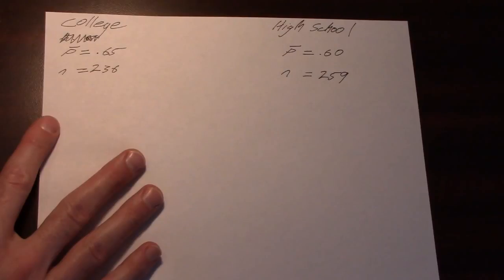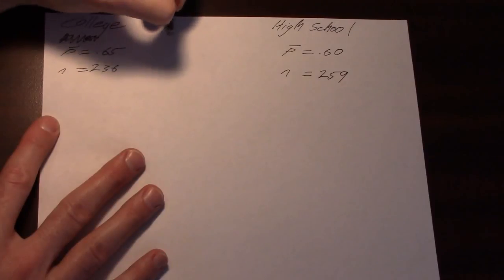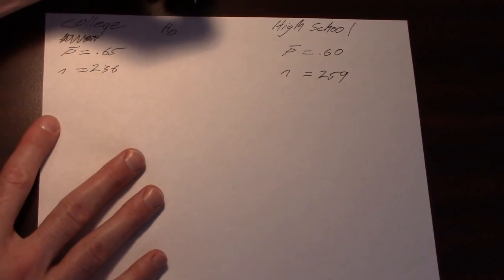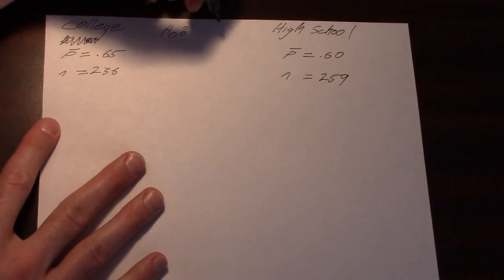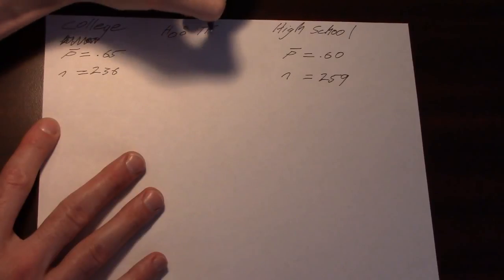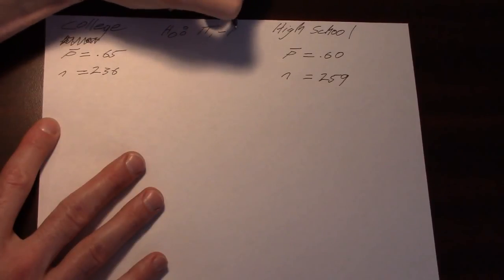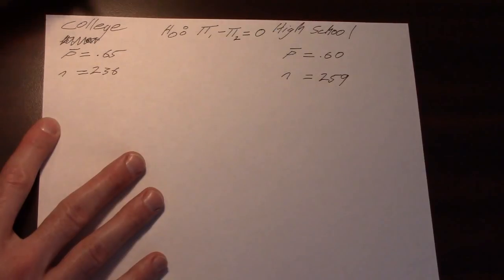We're looking at a no difference null hypothesis. So our null hypothesis is going to be population proportion 1 minus population proportion 2 equals 0.